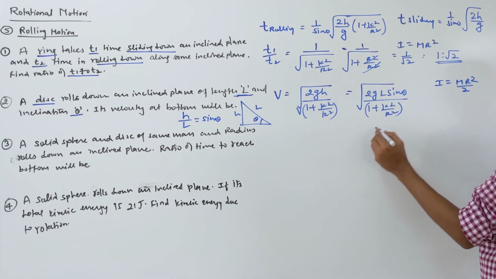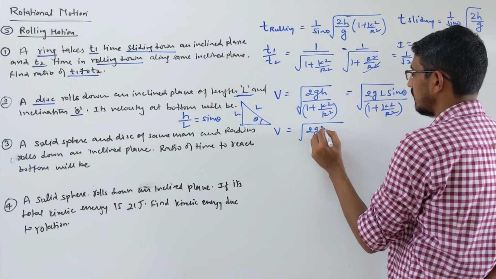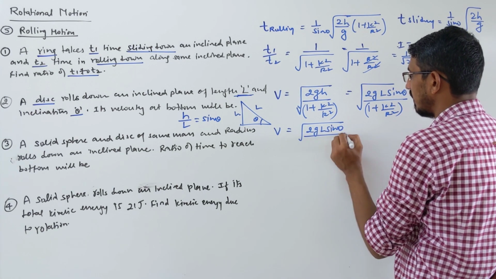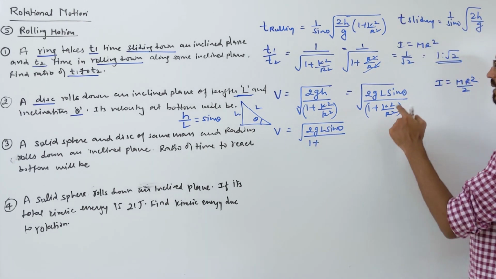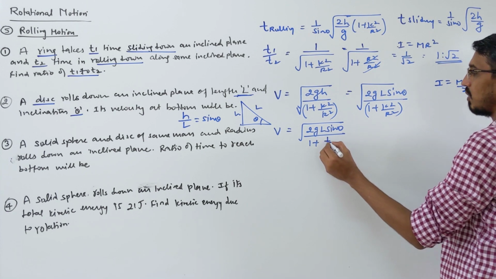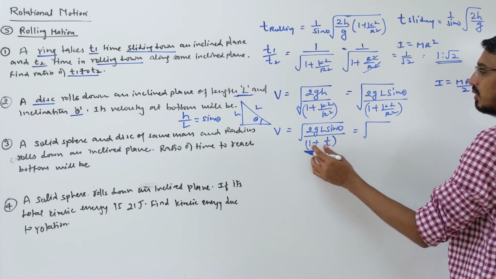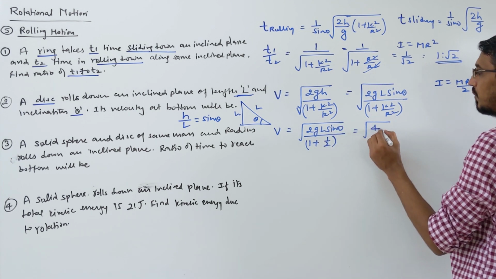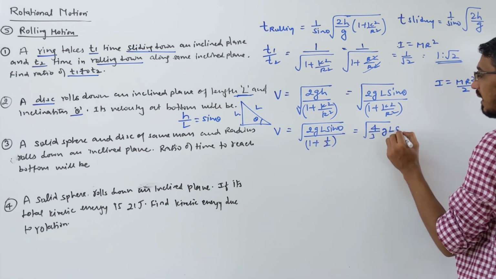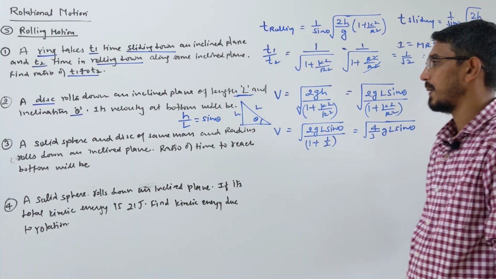When you put that value in the formula, your velocity will be root of 2 g L sin theta upon 1 plus r square by 2 over r square, so this becomes 3 by 2. The 2 goes up, giving root of 4 by 3 of g L sin theta. That's your answer.